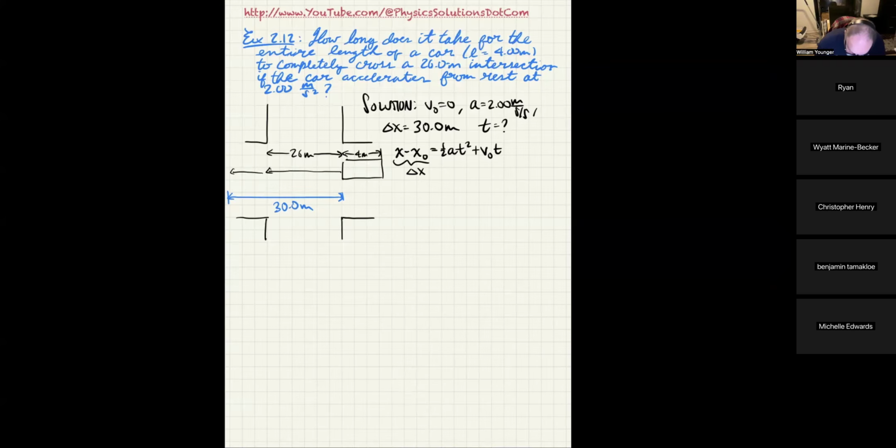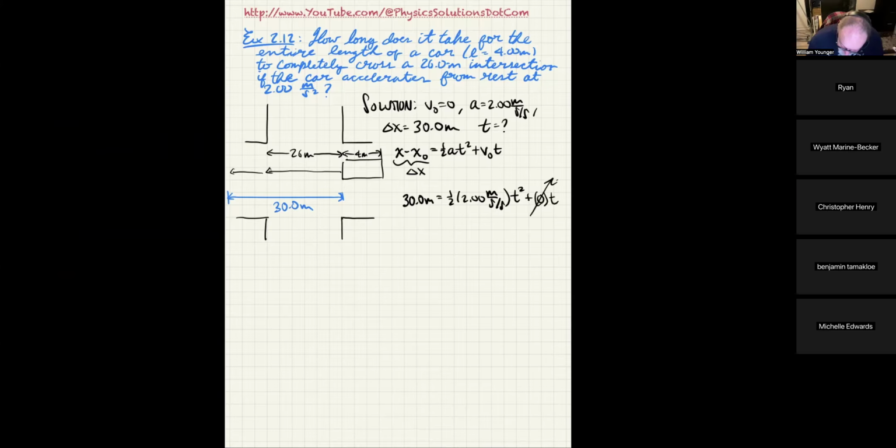So I'm going to put in 30.0 meters for delta x is equal to 1 half times 2.0 meters per second every second times t squared plus the initial velocity, which is 0, times t.